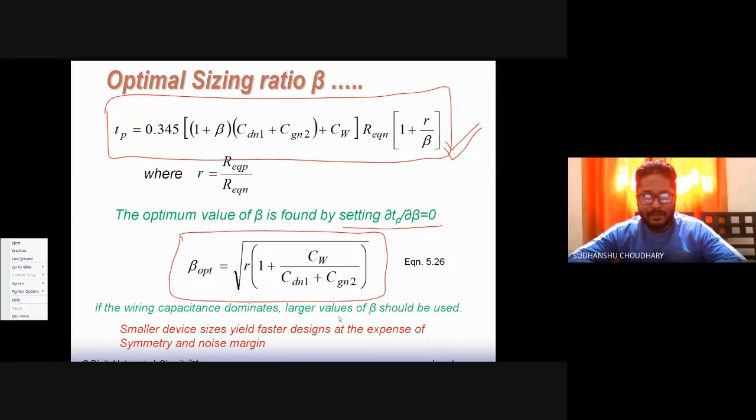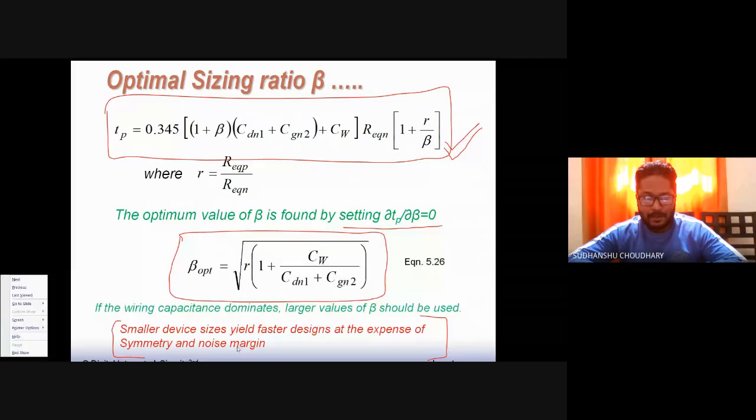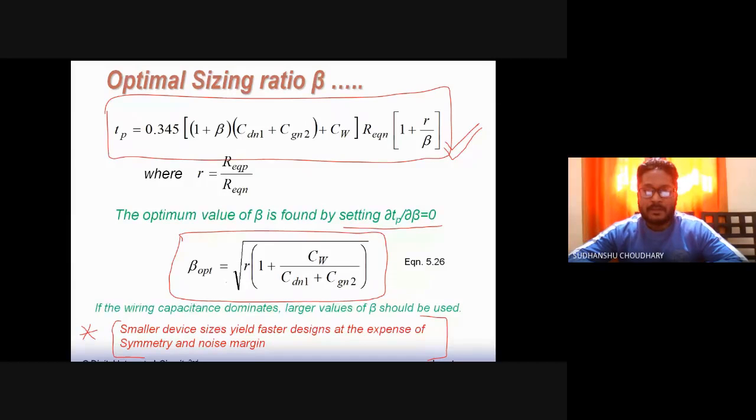So beta can be increased if wiring capacitance is large. But we also understand at the same time that smaller devices yield faster designs, but at the expense of symmetry and noise margin. So this also one has to keep in mind: if you make the device small, it is at the expense of the symmetry of the VTC, and the noise margin is also affected.